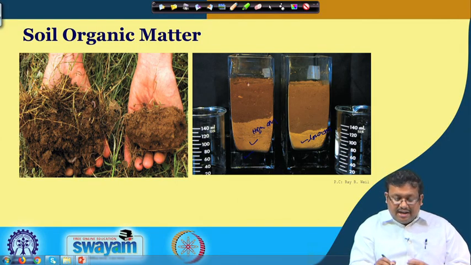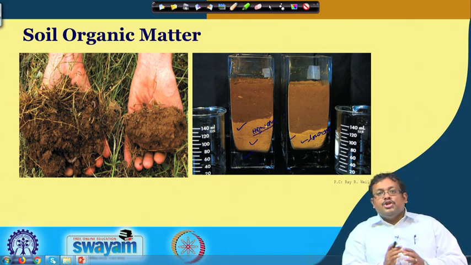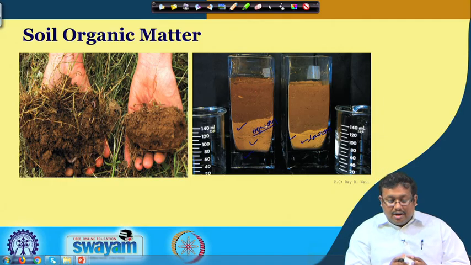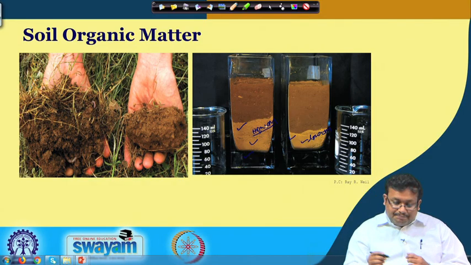That means the water has penetrated less in this soil as compared to that soil. So the first soil with high organic matter shows higher water holding capacity, and this is very good for better plant growth, because the plant will have more water in this type of soil.